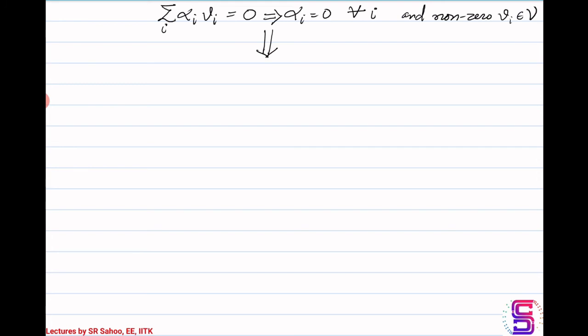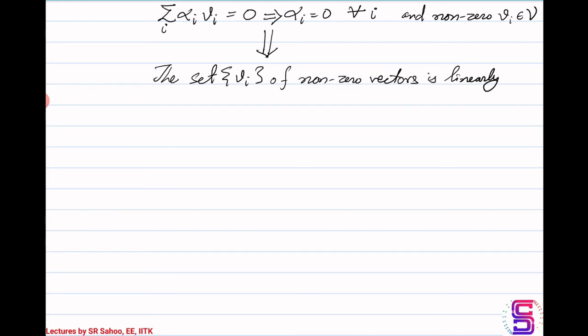It means that none of the vectors can be expressed as a linear combination of other vectors, in terms of other vectors. So then we can say that the set vi of non-zero vectors is linearly independent.